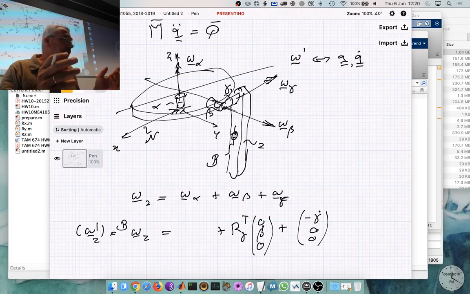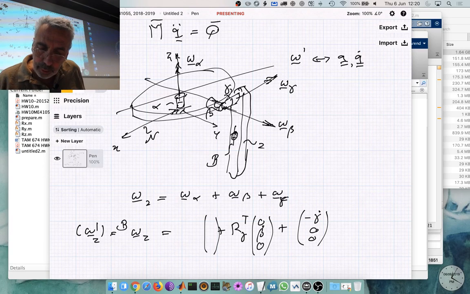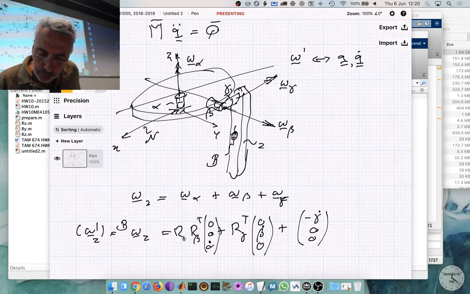If you look at these matrices, it's identical. R of minus gamma is identical to R gamma transpose. Then finally, the first one, well, there are apparently two transformations. So it's about the z-axis, 0, 0, alpha dot. And then I have the beta axis and the gamma axis. So I have R beta transpose and R gamma transpose. And that should do the trick.